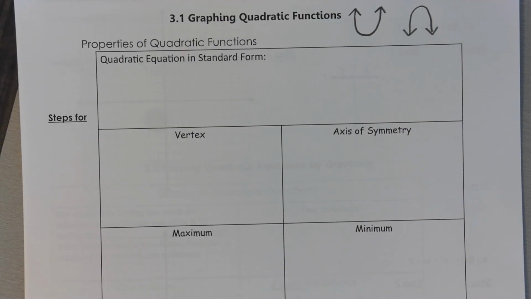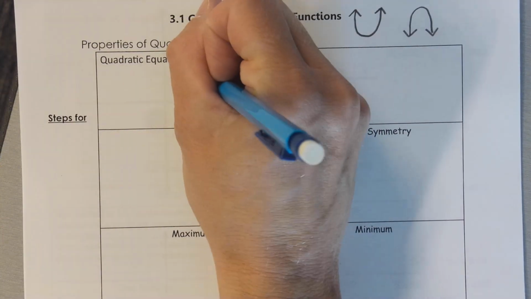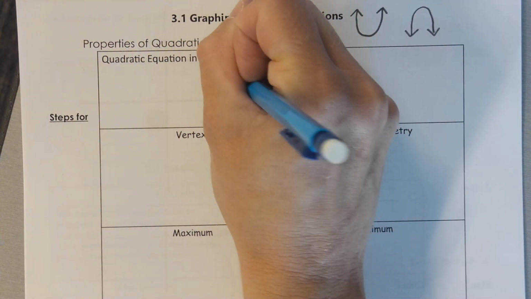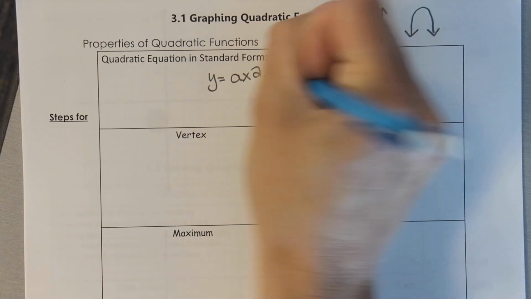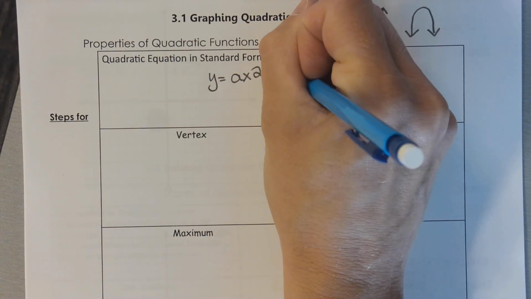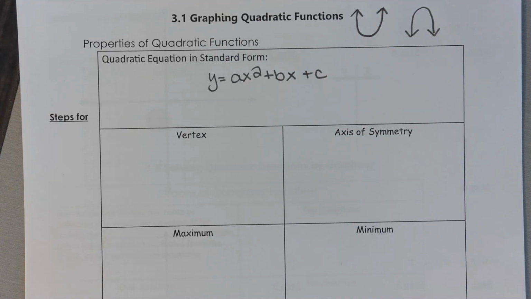The standard form for these graphs is y equals ax squared plus bx plus c, where a, b, and c are just numbers. What number? Doesn't matter, any number.